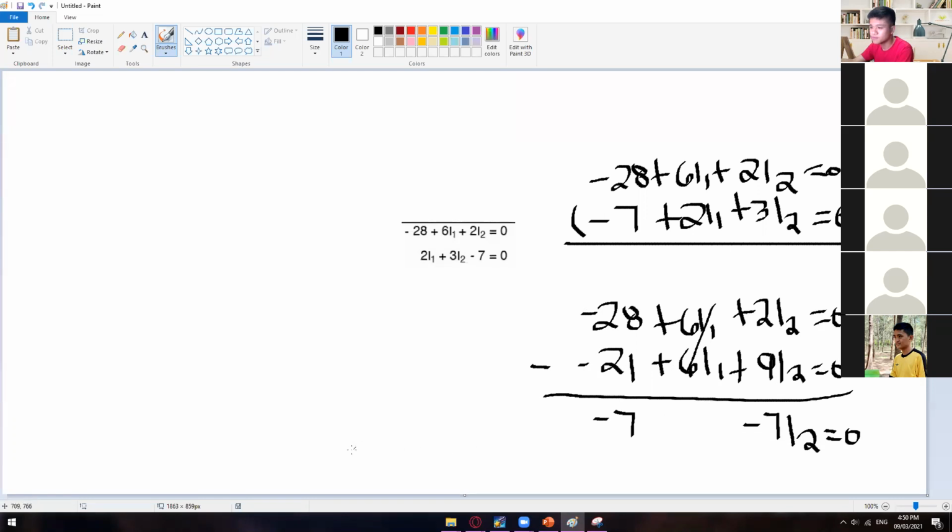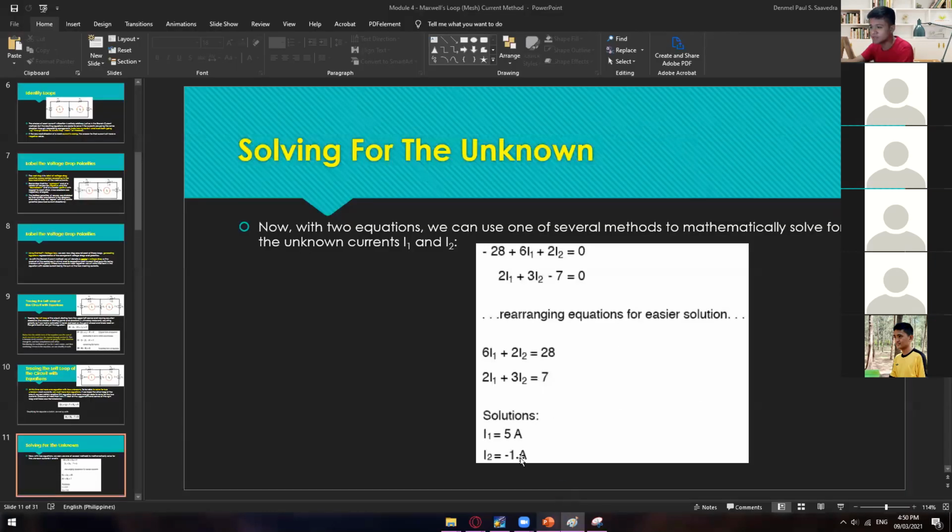So from here, you can already transfer this one to the other side. So 7. And then you will have negative 7. So I sub 2 is equal to negative 1 amps. All right. So let's see. Yeah, negative 1 amps for the I sub 2.